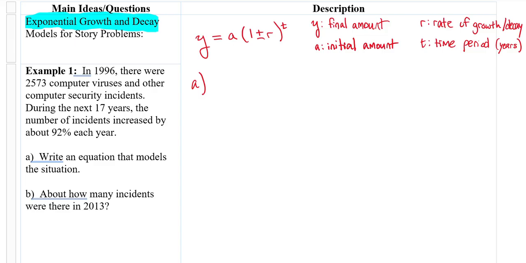So we are trying to solve for the final amount of computer viruses. So we're going to leave y as y. Then, before we fill out the rest of this formula, we need to define all of our variables. So we just talked about y. Y was the final amount of viruses.